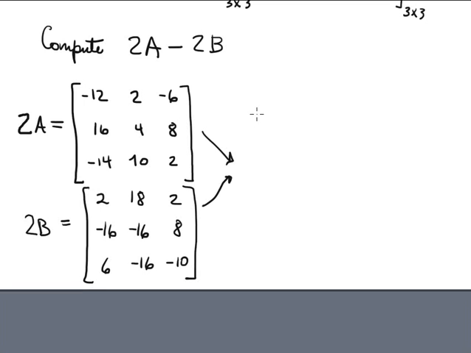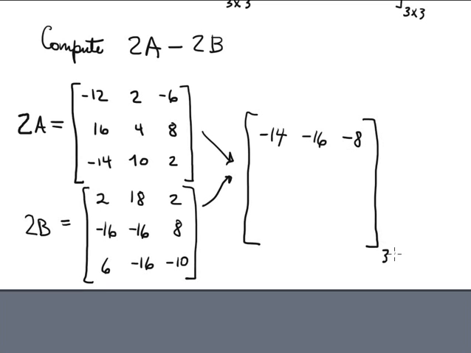Okay, now subtraction. With subtraction, we get a new matrix. And the subtraction is negative 12 minus 2 is negative 14. 2 minus 18 is negative 16. Negative 6 and negative 2 is negative 8. It's 3 by 3, of course.